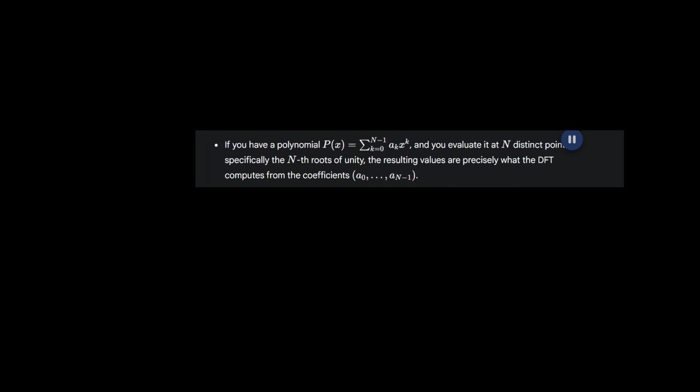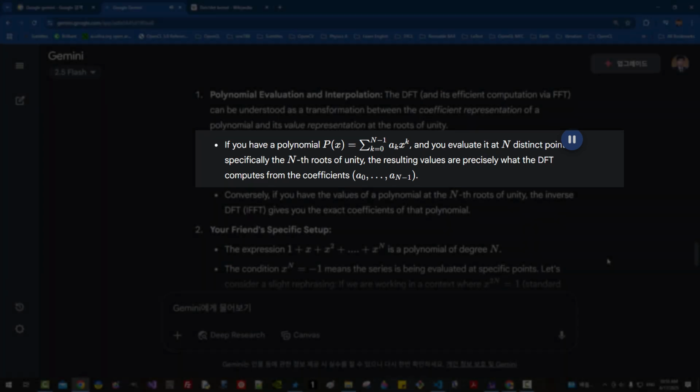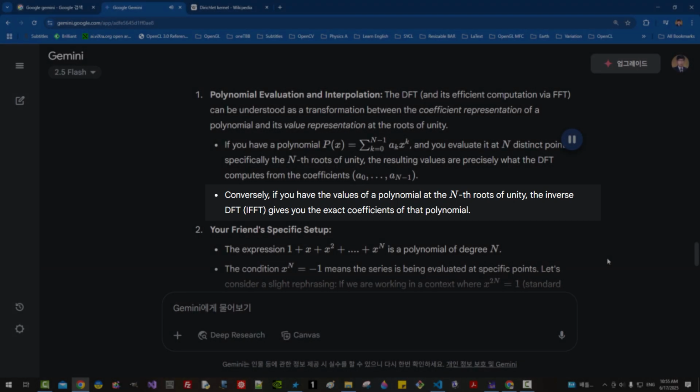If you have a polynomial p(x) = sum from k = 0 to n-1 of a_k x^k and you evaluate it at n distinct points, specifically the nth roots of unity, the resulting values are precisely what the DFT computes from the coefficients a_0, ..., a_(n-1). Conversely, if you have the values of a polynomial at the nth roots of unity, the inverse DFT gives you the exact coefficients of that polynomial.